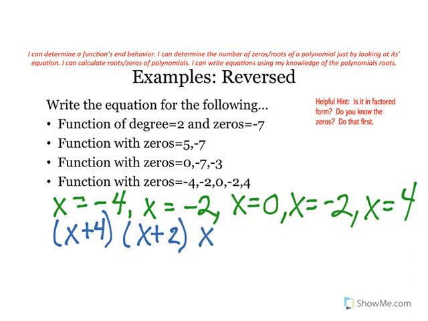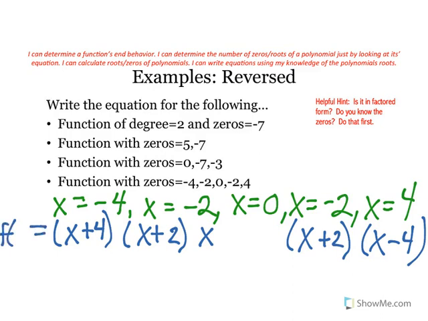X equals 0 is just x plus 0 or x minus 0. Either way, it simplifies down to just x. Okay. This next one, that can be rewritten as x plus 2. And then the last one can be rewritten as x minus 4. And remember, this is a function. You cannot leave off the f of x. If you do, you're losing points. Okay.